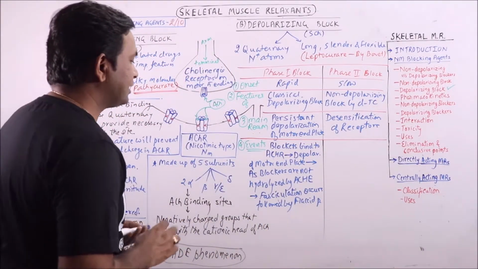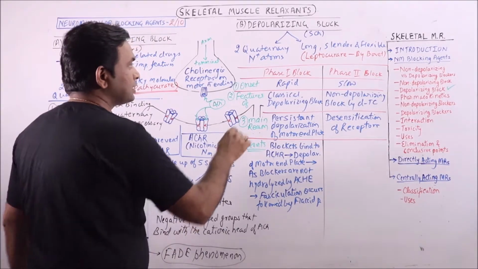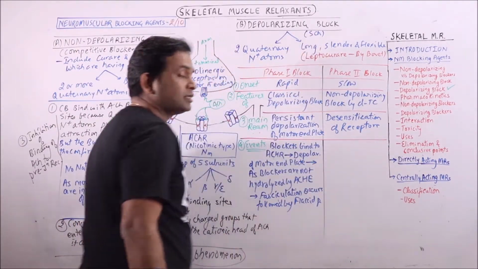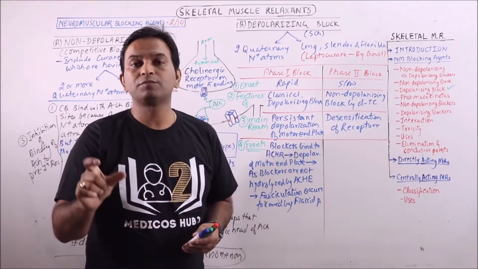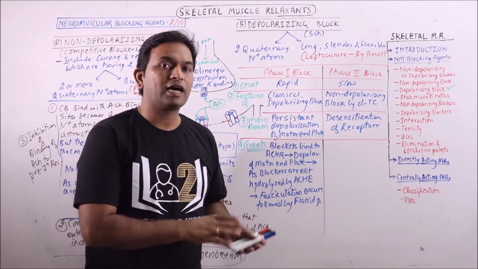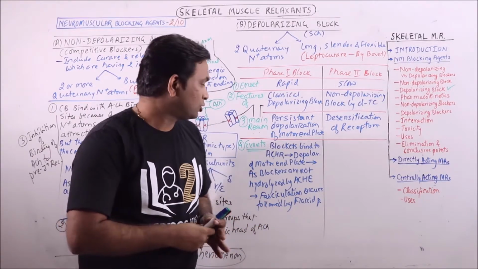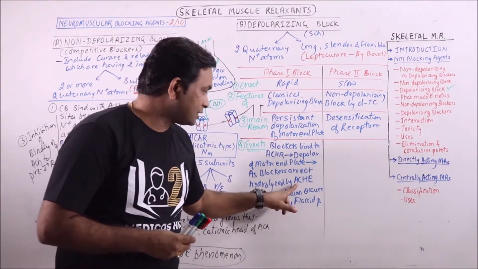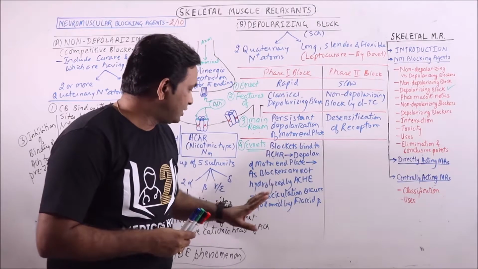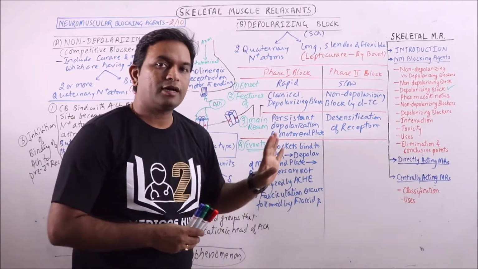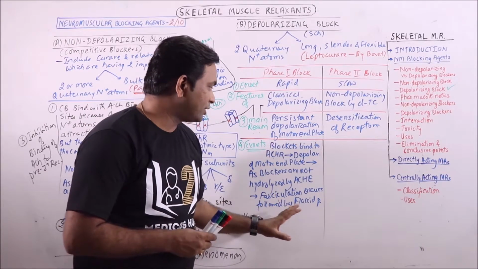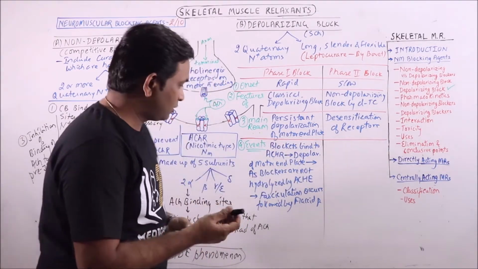Now important thing is that this succinylcholine is hydrolyzed by another enzyme which is known as plasma cholinesterase or butyrylcholinesterase. So this enzyme acetylcholinesterase doesn't hydrolyze the succinylcholine. So it will remain there bound with receptors.